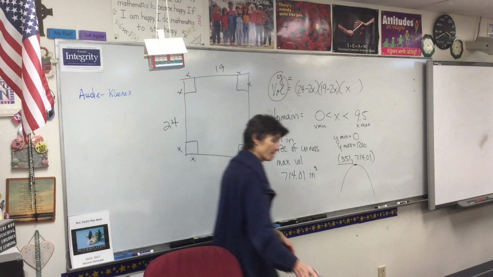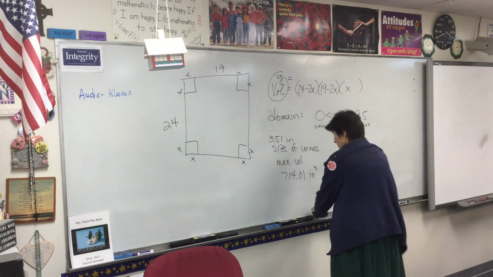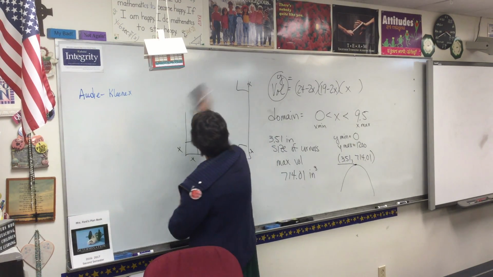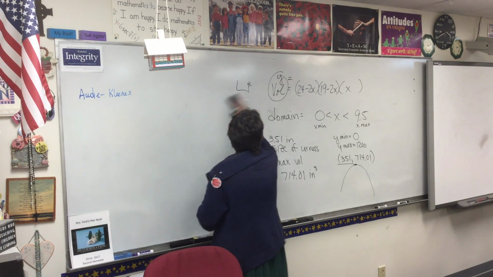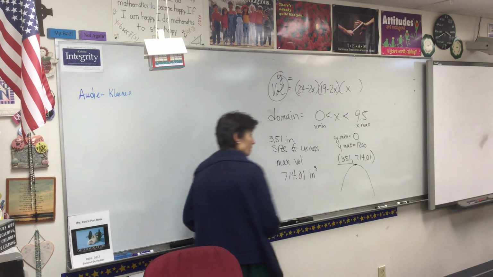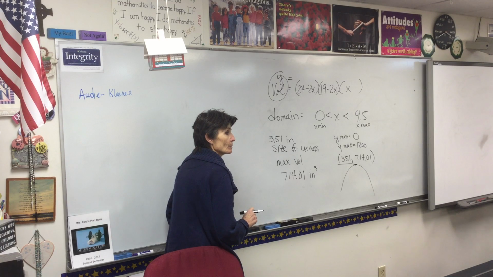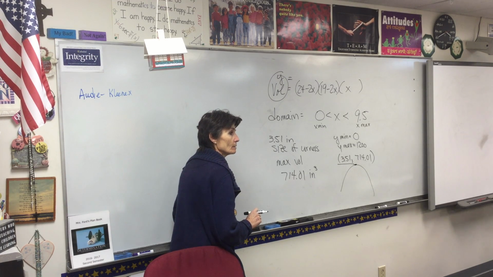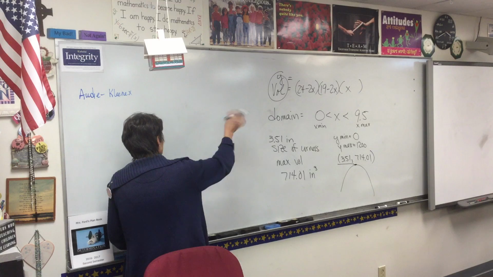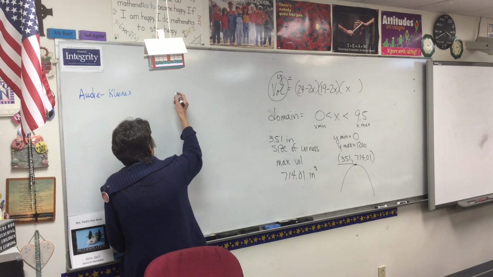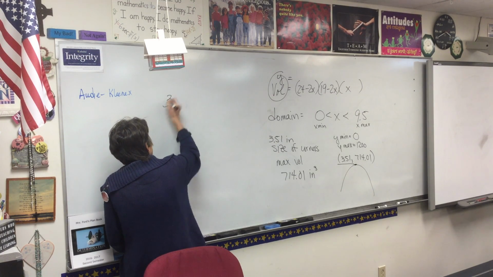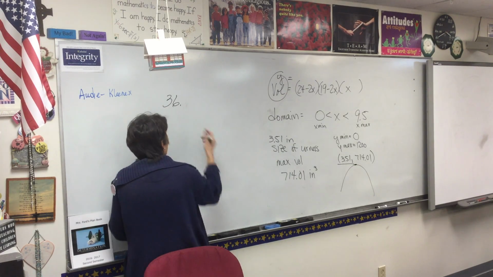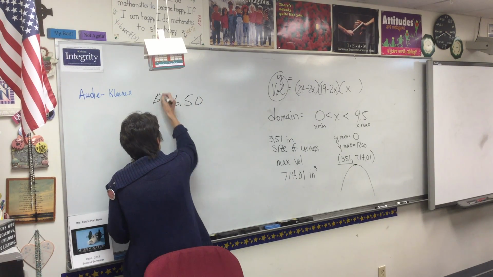Jordan? Just tell me what the problem says. The item is marked at $8.20 in the store. Okay, so I'm going to the store and I'm going to buy something, and let's say the price tag says $36.50.